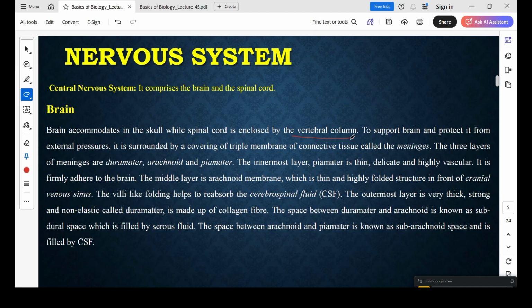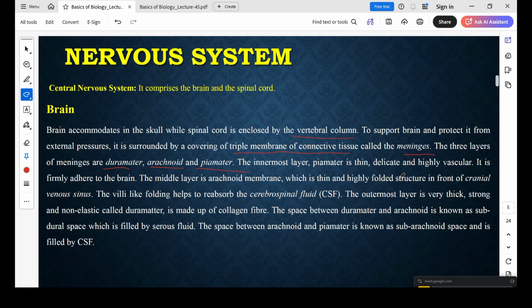Apart from the skull, the brain is also protected by a triple membrane of connective tissue known as meninges. And there are three layers to the meninges. There is dura mater, arachnoid, and pia mater. The pia mater is the innermost layer, whereas the dura mater is the outermost layer.